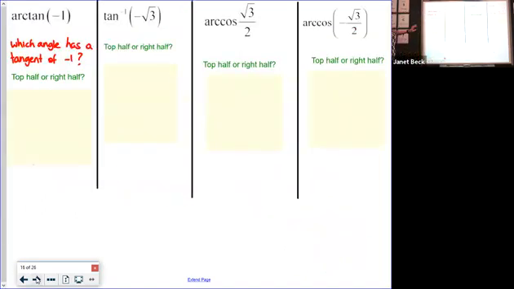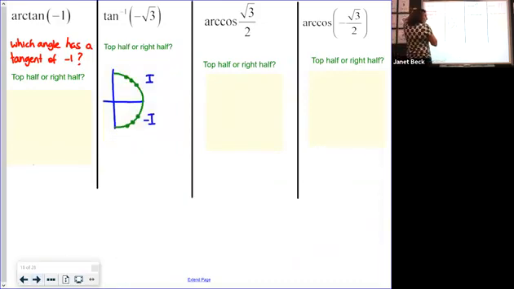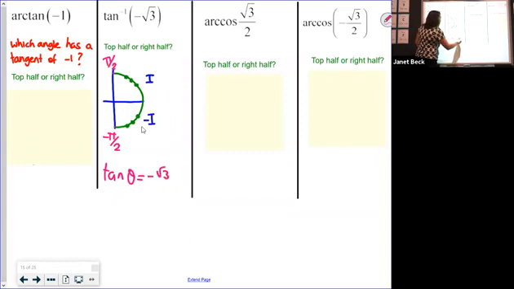We haven't got time to do all of these. We could do the inverse tangent of negative root 3. We'll do this one in the middle. Tangent is right half. I'm looking for an angle somewhere between negative pi/2 and positive pi/2, and it won't be those ones because the tangent is undefined there. I know the tangent of my angle is negative root 3 over 1, which is a y divided by an x.